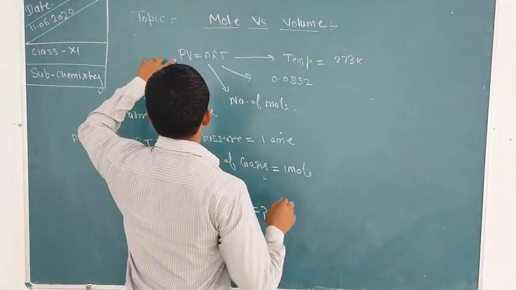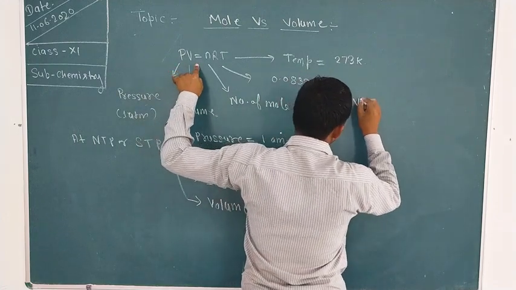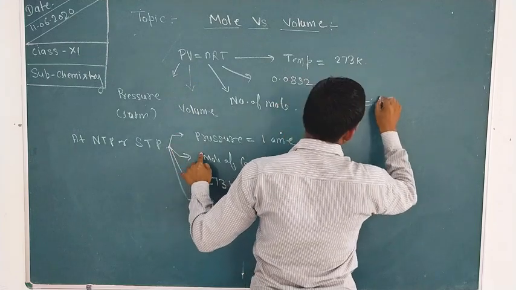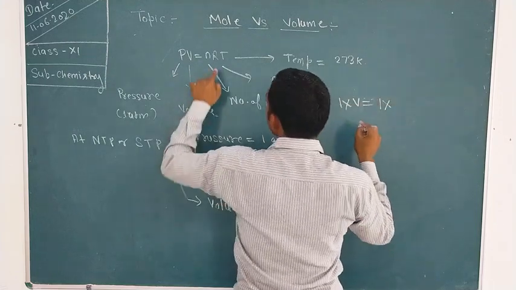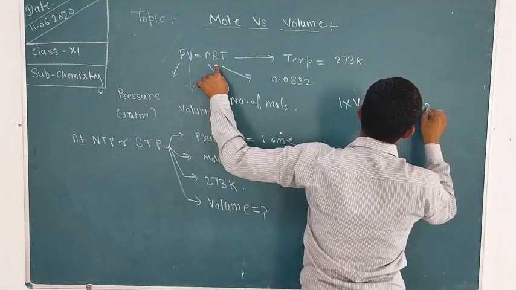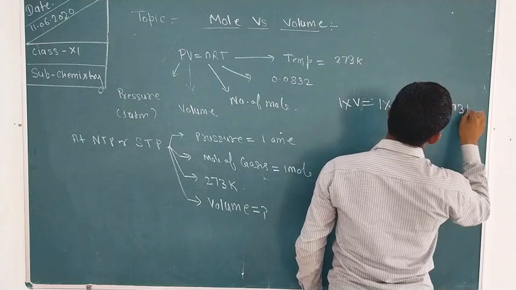So let us start. P is 1 atm, volume I write as V, and the number of moles we take as 1 mole, meaning we try to find for 1 mole. R equals 0.083, and T is 273 Kelvin.